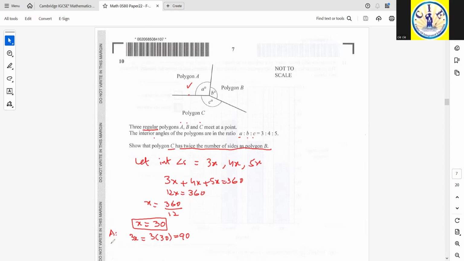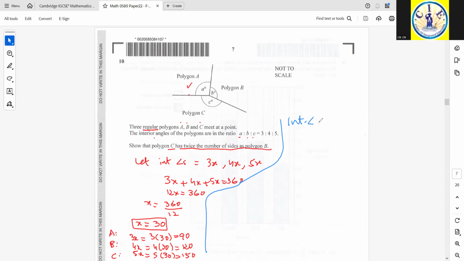For B, this is 4x, that is 120, and for C, 150.